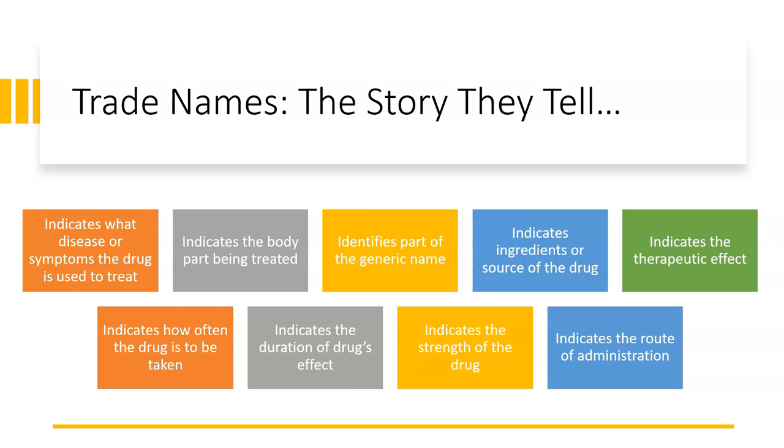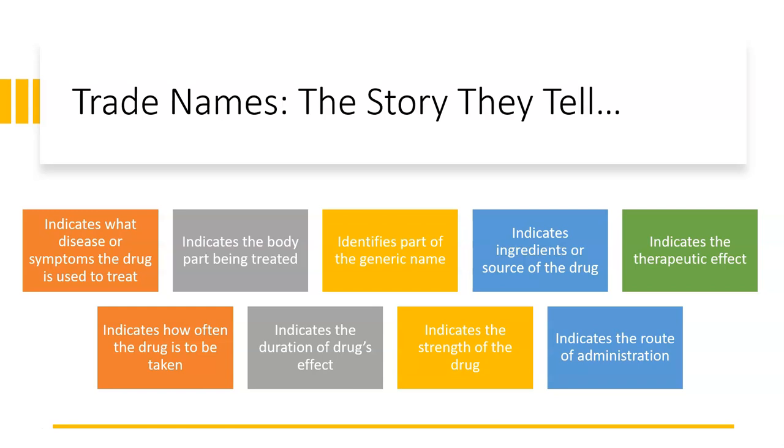Sometimes it can help us identify the body part that's being treated. So if I'm using something that's transdermal, it may have trans or derm in the drug name, like a patch.